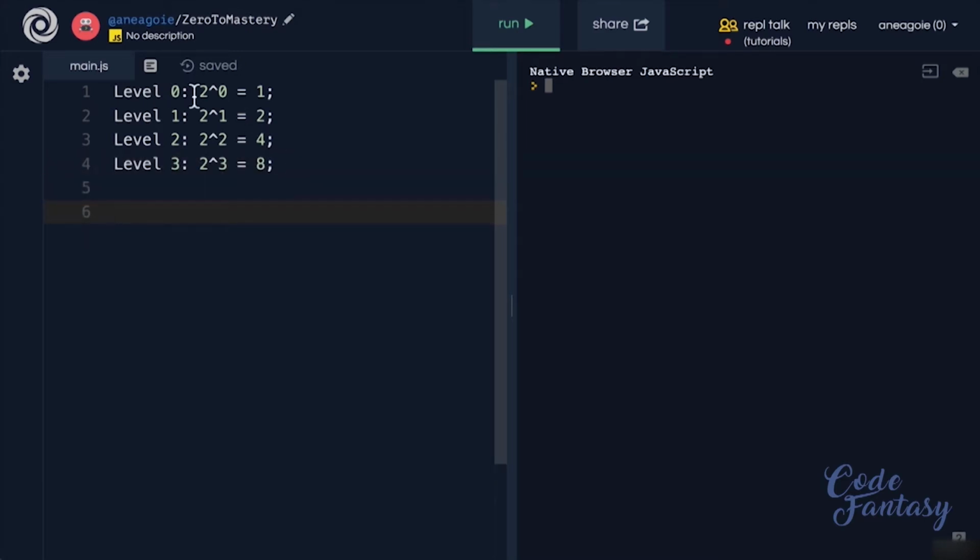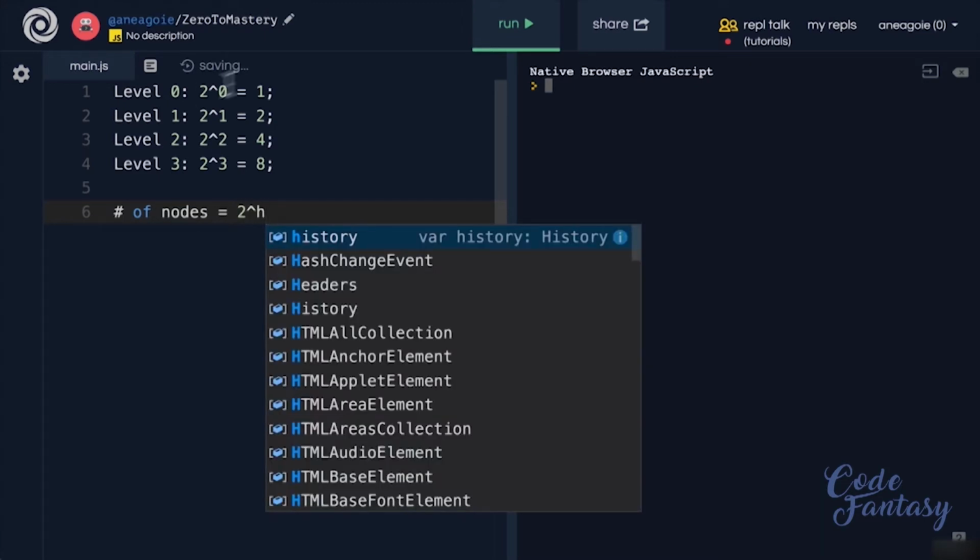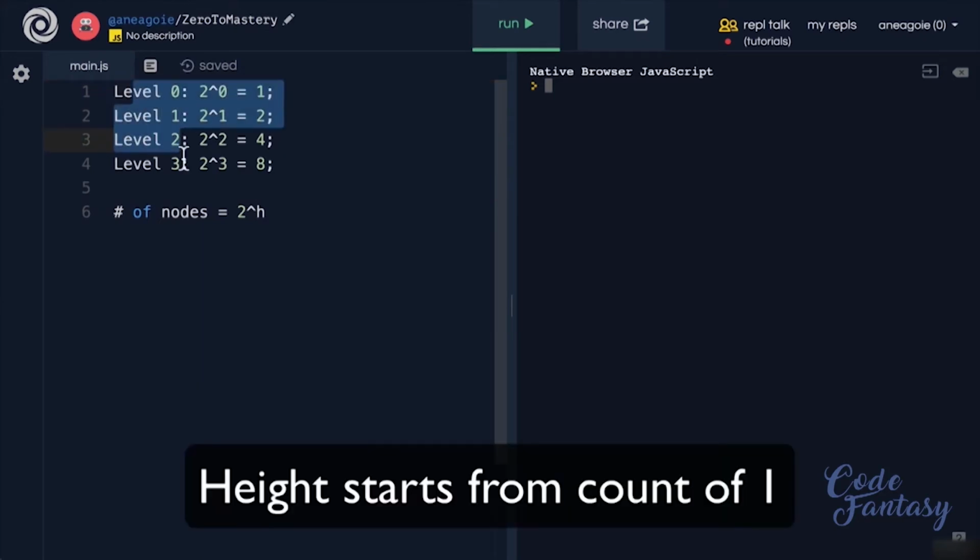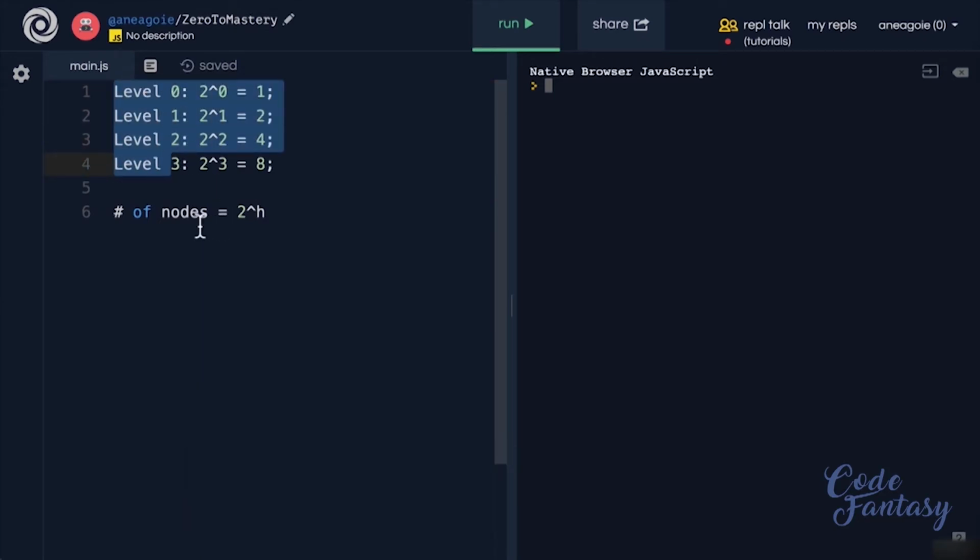Well, based on this formula here, that means that we can find out the number of nodes in a tree by doing 2 to the power of h, or the height, that is the level. If we know how many levels our binary tree is, we can find out how many total nodes there are.